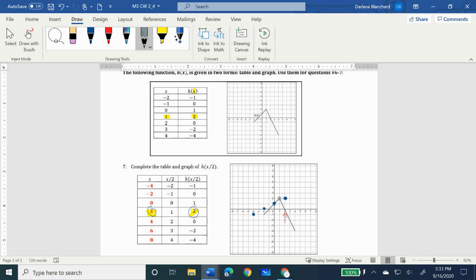Well, now I have to look at who originally came in before they were halved. 2 had to come in in order to get halved over to the 1, to get out of the function what 1 was originally supposed to be given. And that's why I get that point.